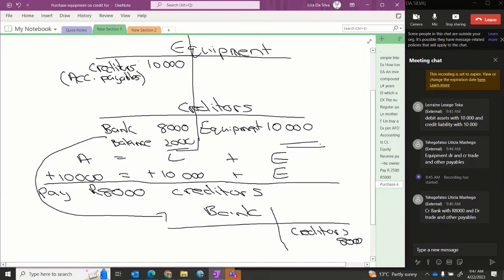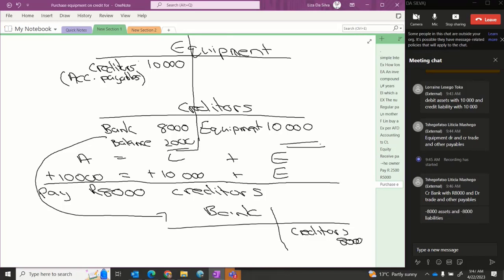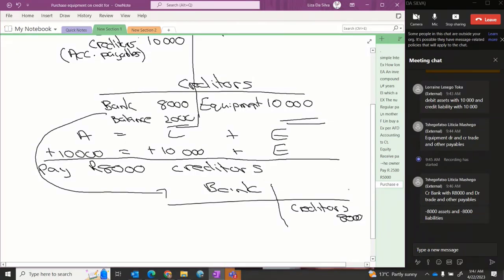If you just write down your T accounts, not even worried about the equation, it's actually quite easy to know if you must plus or minus to do your adjustments, your trial balance, and so on. Sorry, I forgot to do that part. Let's do the equation quickly.